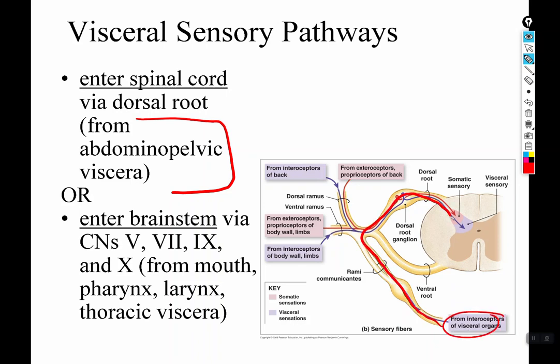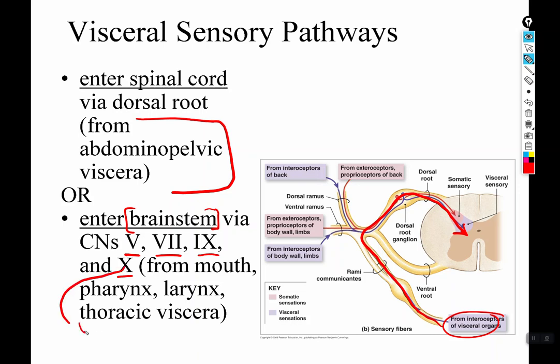but there are viscera that are autonomically controlled in the head and neck. And so those are obviously going to skip the spinal cord due to their position. So they enter the brainstem via the 5th, 7th, 9th, and 10th cranial nerves, which you should know the names of. So I'll give you a little hinty hint here.